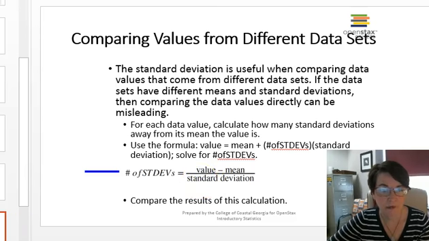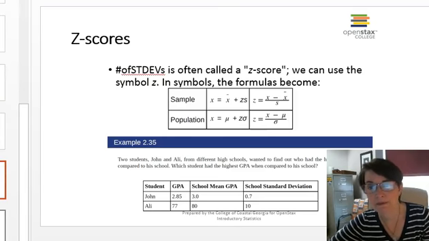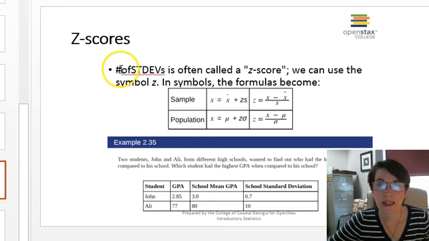So I think that I have formulas on the next slide to look at a little bit. Yes. So for the number of standard deviations, this is often called the z-score, and we're going to use the symbol z. In the symbols, the formula becomes, these two things are the same formula, they're just in different forms. If you remember from algebra, we can always change forms of a line.